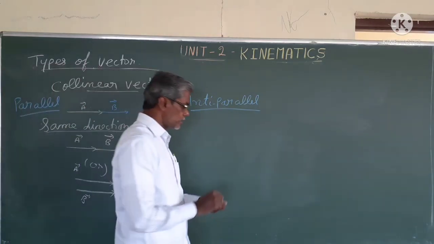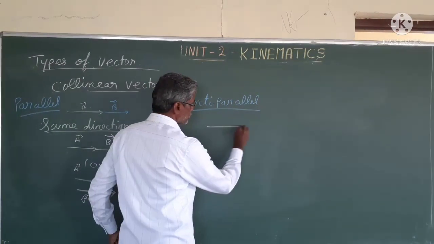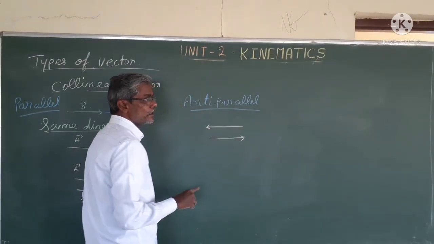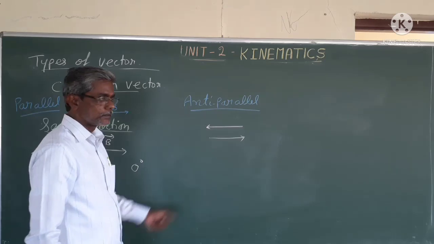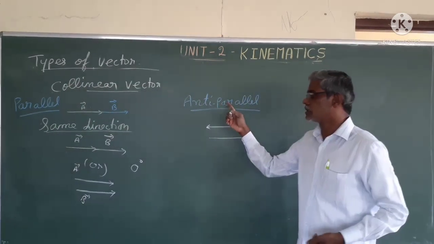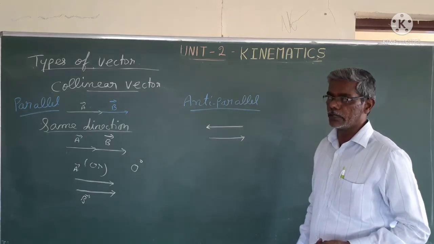In anti-parallel, if I take two vectors, they will be in the opposite direction. Then I can call it anti-parallel collinear vectors.